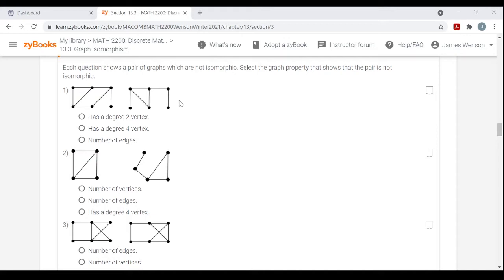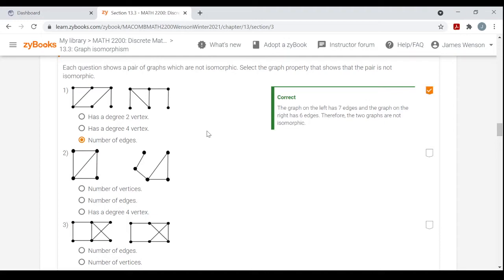This only has 6 edges. Remember, if two graphs are isomorphic, they have to have the same number of vertices and the same number of edges, because all the edges in one graph have to correspond to an edge in the other graph. So these have different numbers of edges. That's why they're not isomorphic.